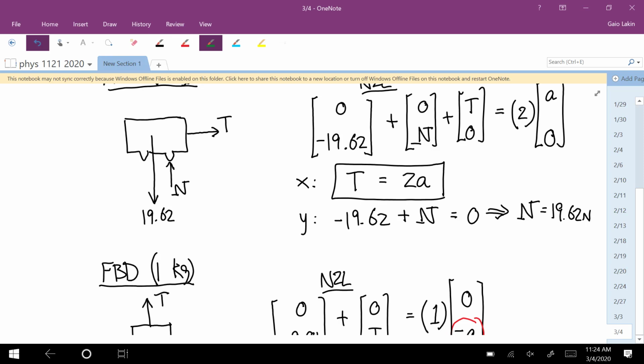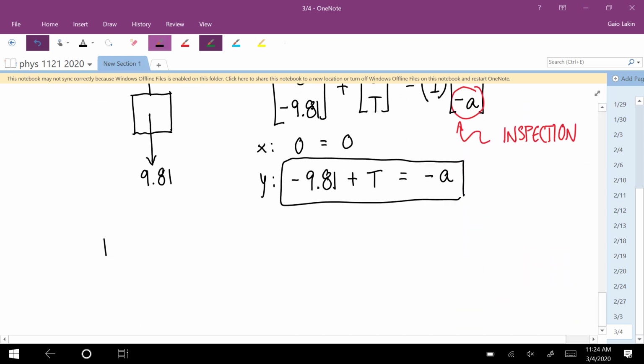Okay? So those boxed equations are two equations for two unknowns.